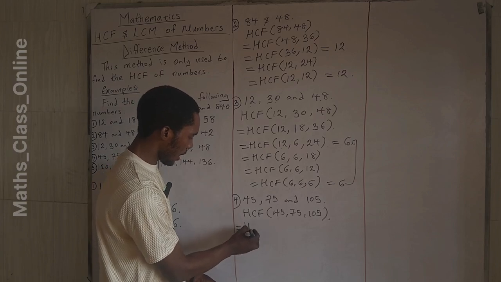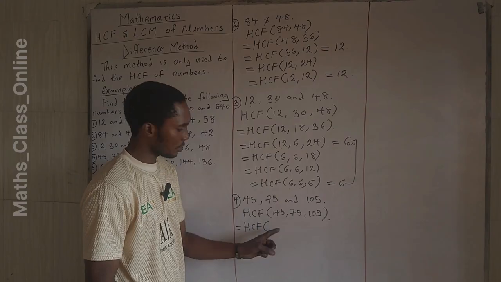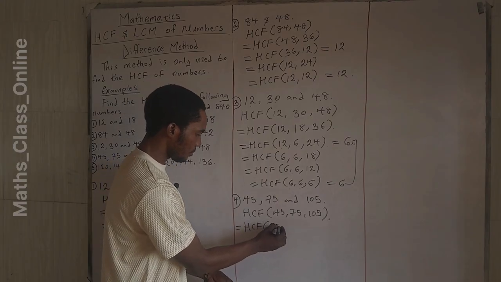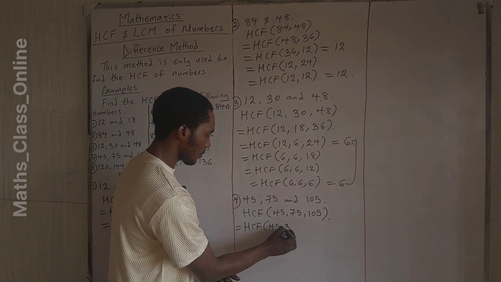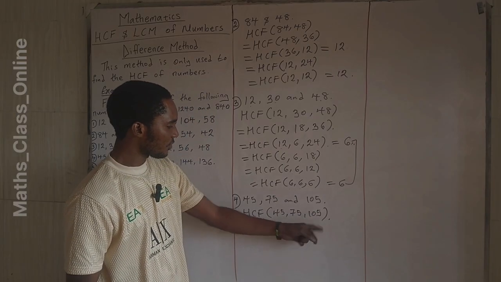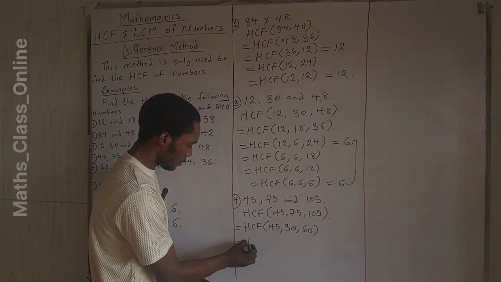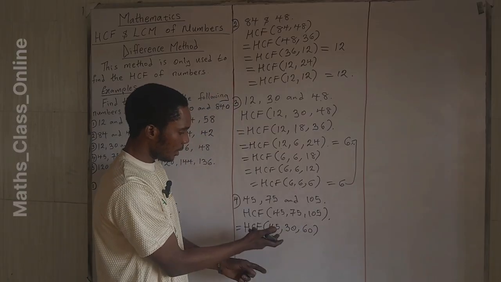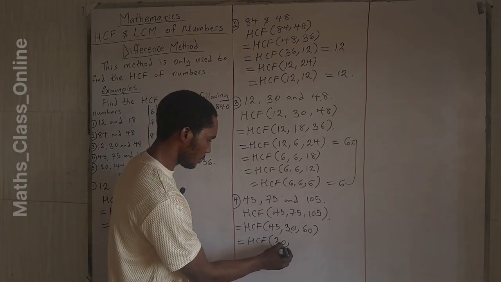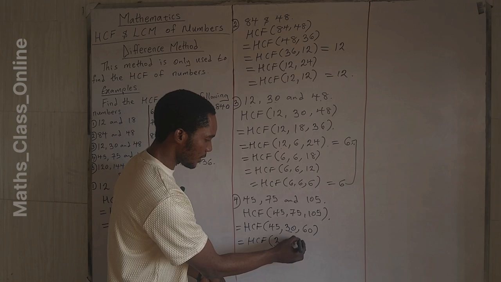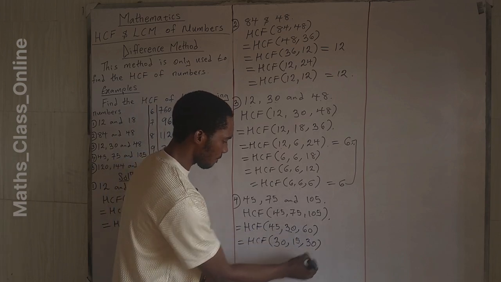This is equal to the highest common factor of, the lowest number here is what? 45. 75 minus 45, that is what? 30. 105 minus 45, that is 60. The least we have here is what? 30. 45 minus 30, 15. 60 minus 30, that is 30.